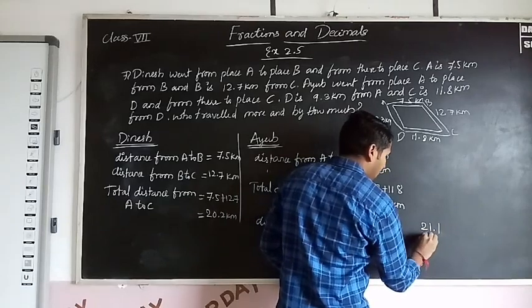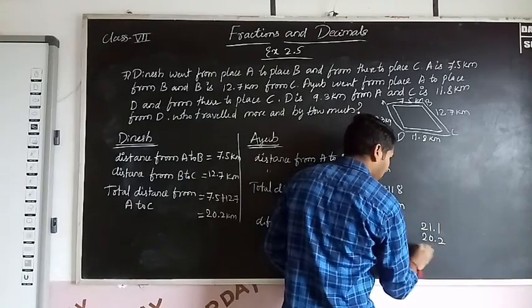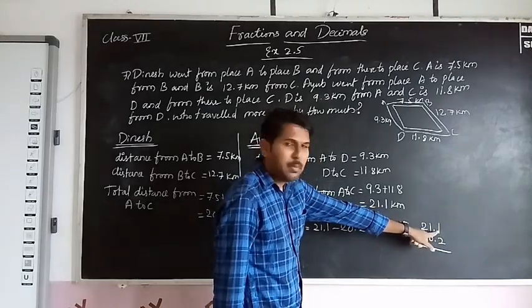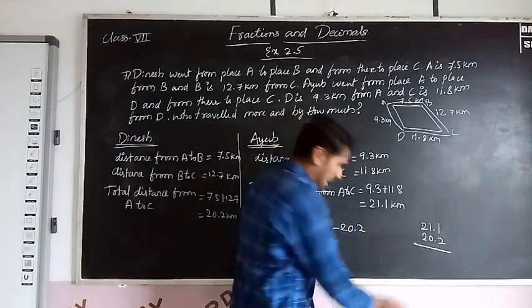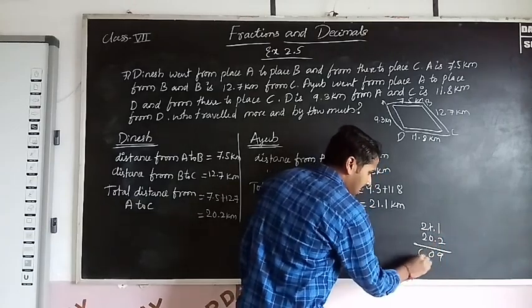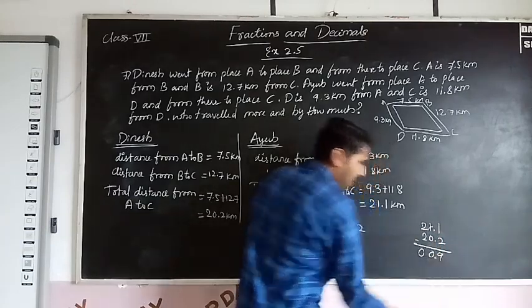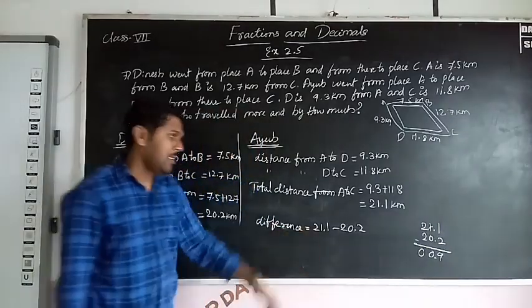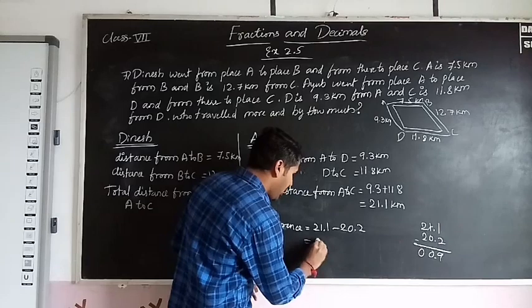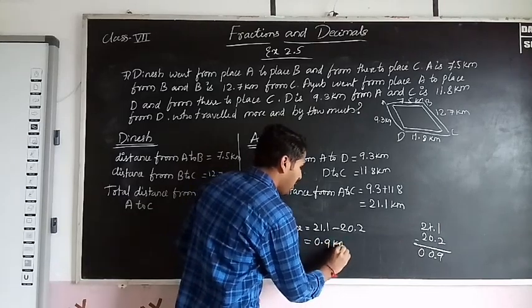So subtract 21.1 and 20.2. Here 1 is smaller, so take 10, 10 plus 1, 11, 11 minus 2, 9. 2 minus 2, 0. So what will be the answer? Don't write 2 zeros, only 1 zero. So 0.9 kilometer.